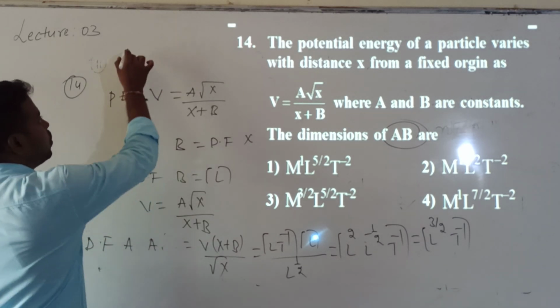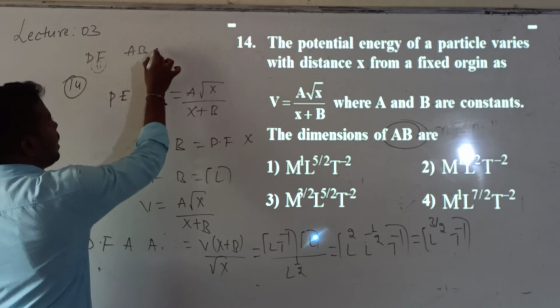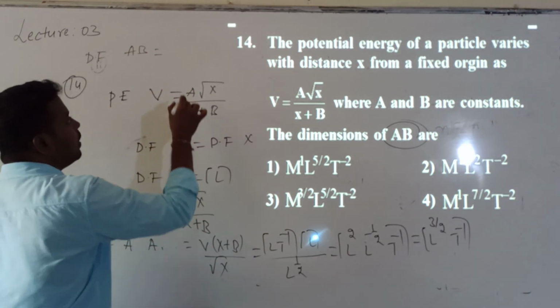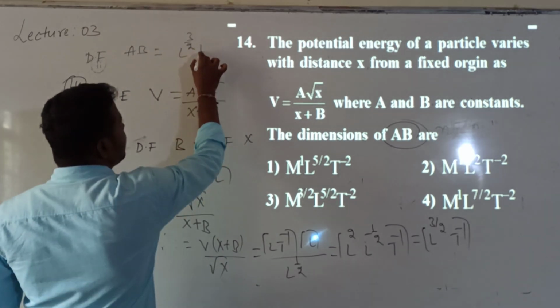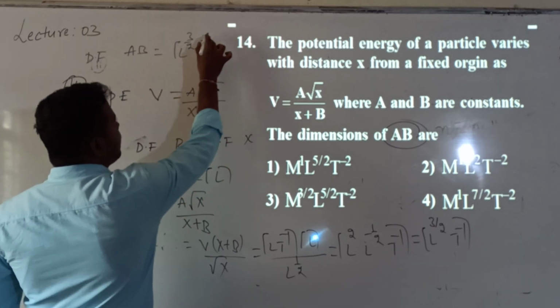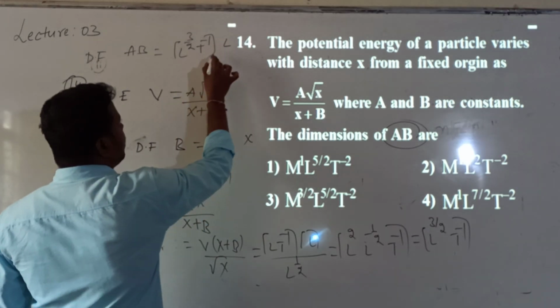Now they are asking what is the AB dimensional formula. Dimensional formula of AB is equal to A, L power 3 by 2 into T power minus 1, into dimensional formula of B, L only.